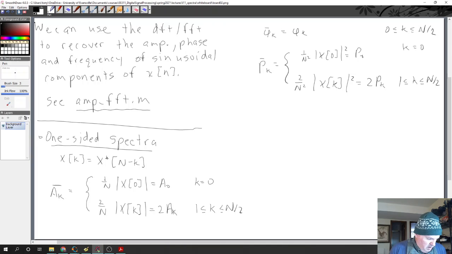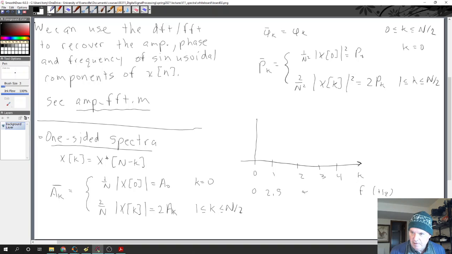Okay. And so if we plotted our one-sided amplitude spectrum using our previous example, sorry about the crooked axis here, in k, 1, 2, 3, 4, these would be the k values for f in hertz. Again, 0, 2.5, 5 hertz, 7.5, and 10. And then our spectra would now look like this.